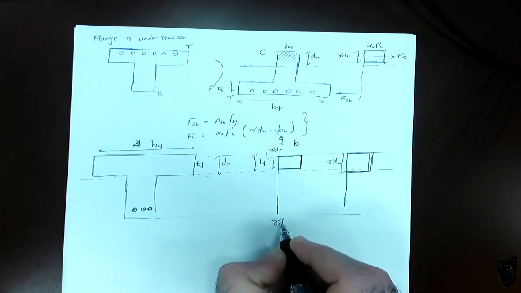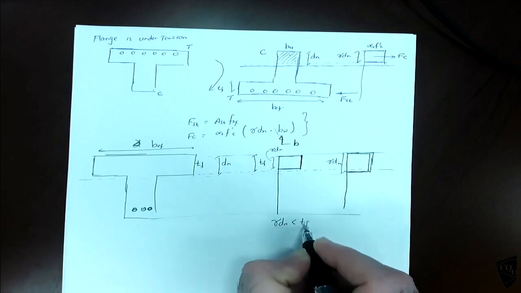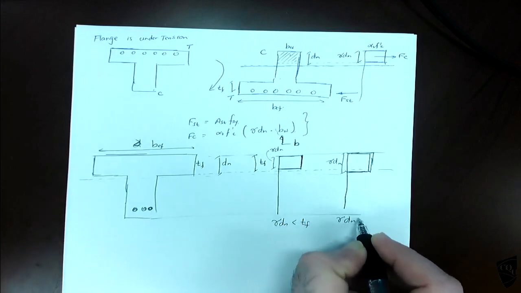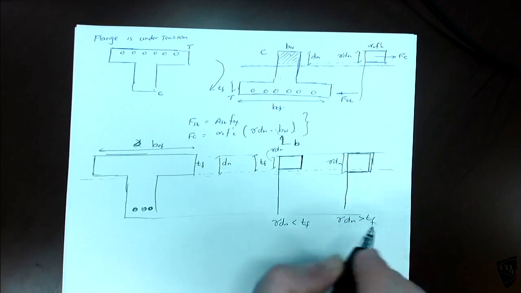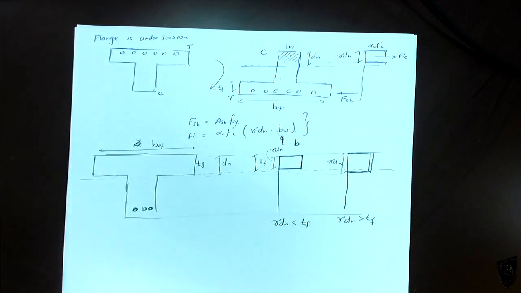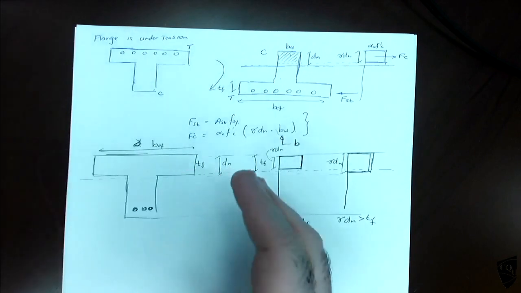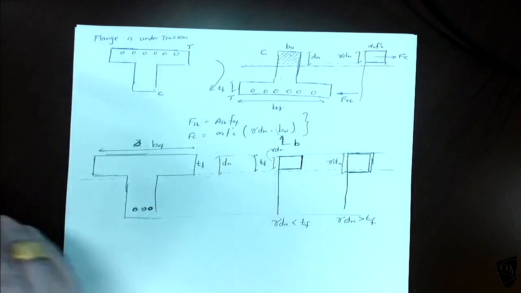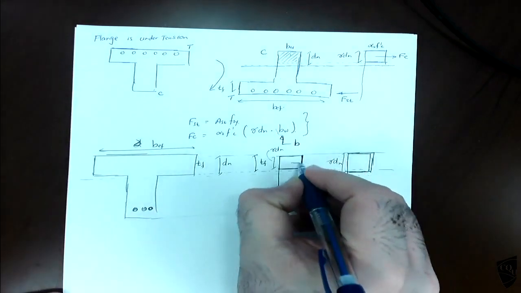Here gamma dn is less than tf, here gamma dn is greater than tf. Both are possible; we don't know. So if you have such a case, there is a possibility of having the rectangle, the Fc things.